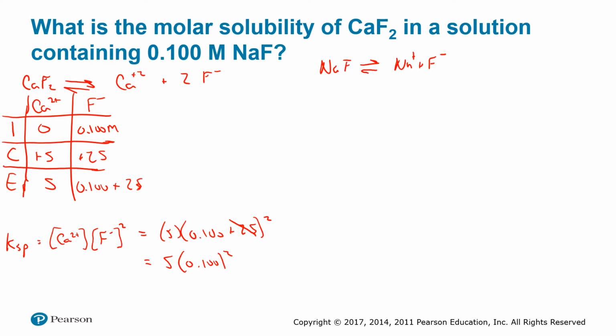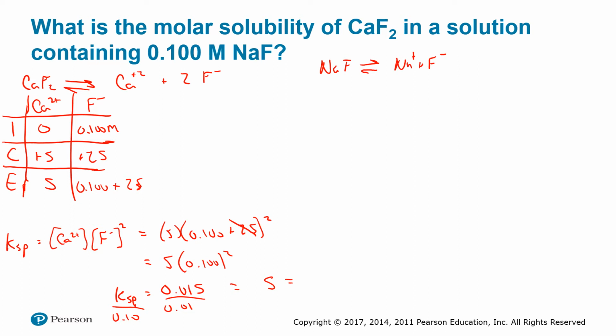And so what's that? We end up with Ksp equal to 0.01 S. So we just need to solve for S. S is going to be the Ksp for calcium fluoride divided by 0.01.